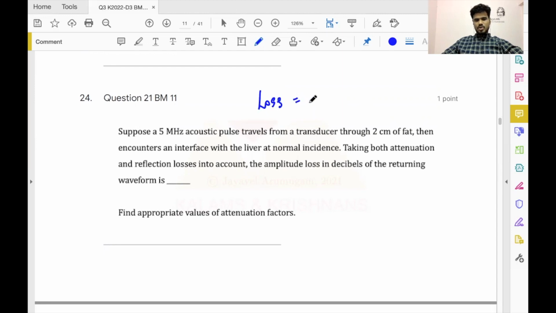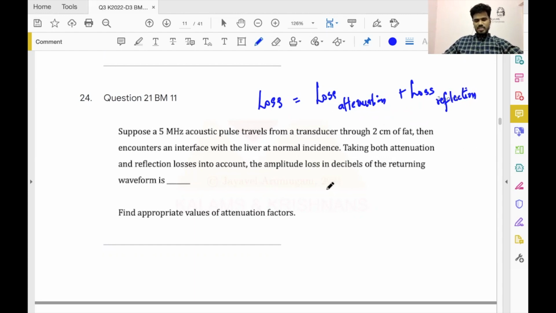Loss is a combination of two things: loss due to attenuation plus loss due to reflection. At reflection, at an interface, we lose some amplitude, so there is a loss due to that. And there is loss due to attenuation.